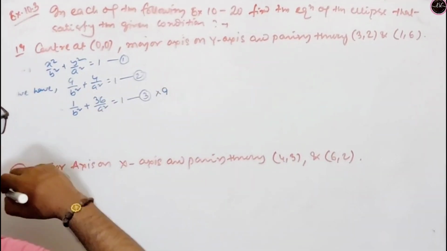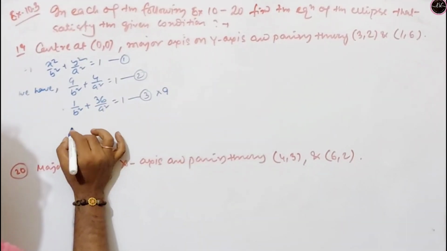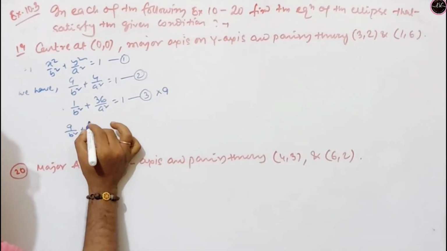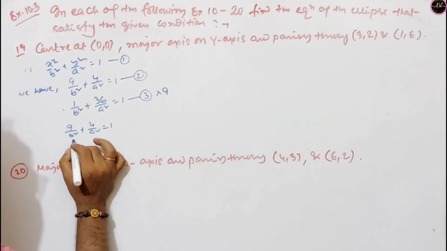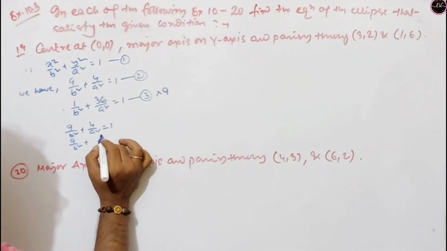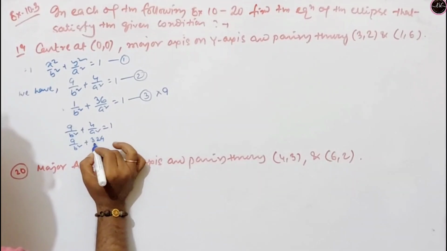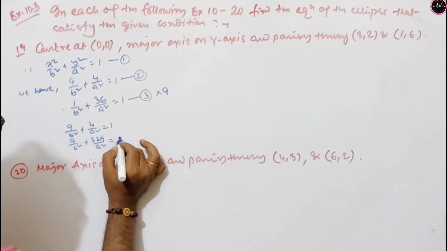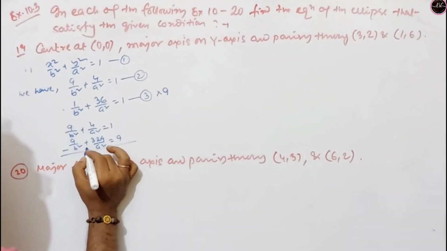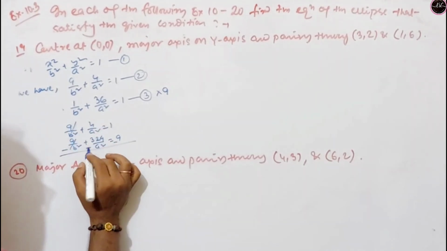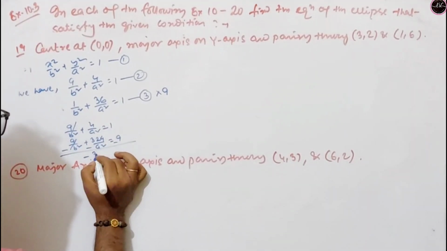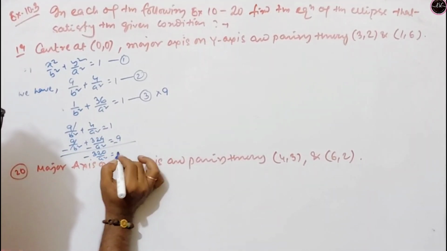Just multiply equation 3 with 9. We have 9 by b square plus 4 by a square equal to 1, and here 9 by b square plus 324 by a square equal to 9. Just subtract this. This will be cancelled out, and here we have minus 320 by a square equal to minus 8.